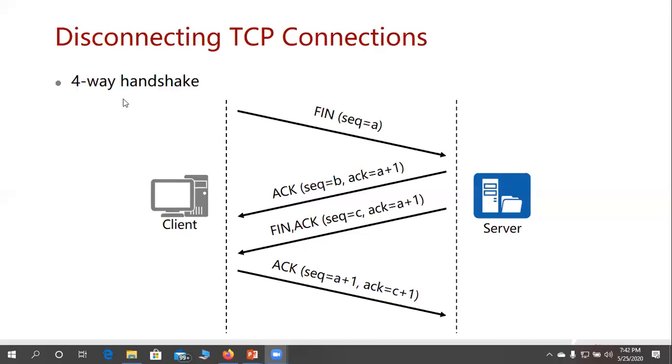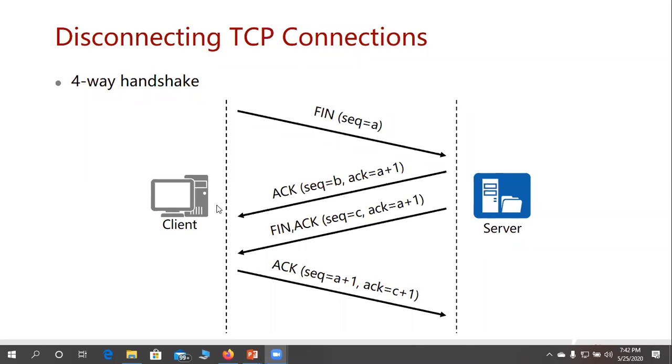Then when you talk about disconnecting in TCP connections, it uses what we call a four-way handshake. So this PC wants to disconnect. It will send a message called FIN. So the sequence will be A, and then the server will reply with an ACK where the sequence is B, and then the acknowledgement has to be A plus 1.